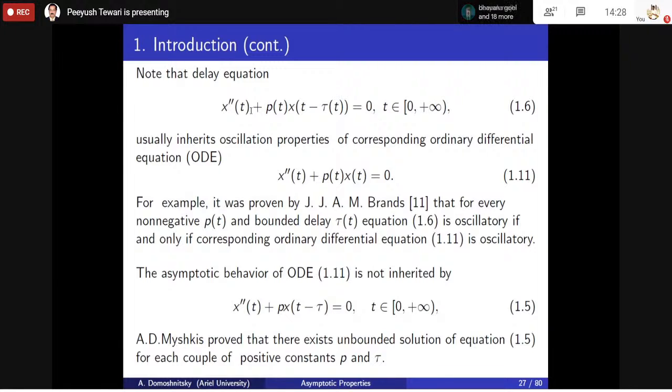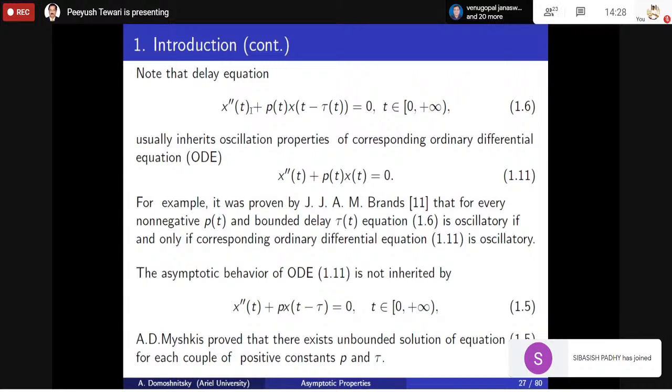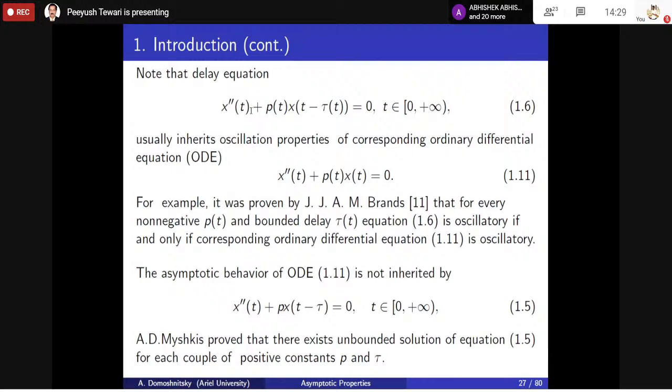It is strange: for the case tau is 0, we have the general solution of a homogeneous equation as a linear combination of sine and cosine, and all solutions are bounded. But every positive delay induces the existence of an unbounded solution.